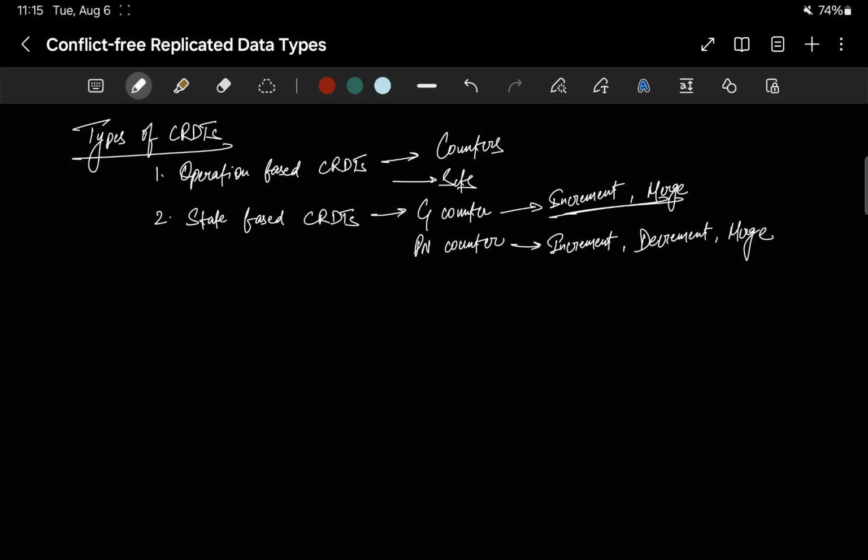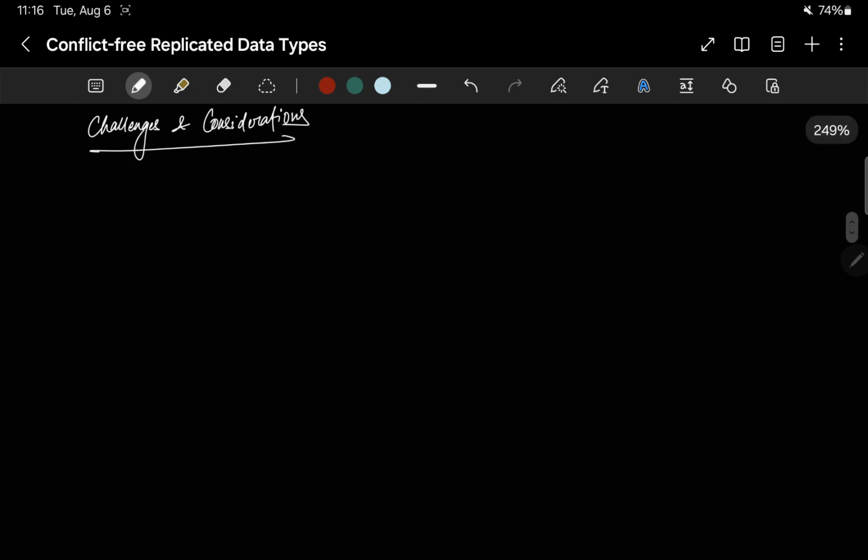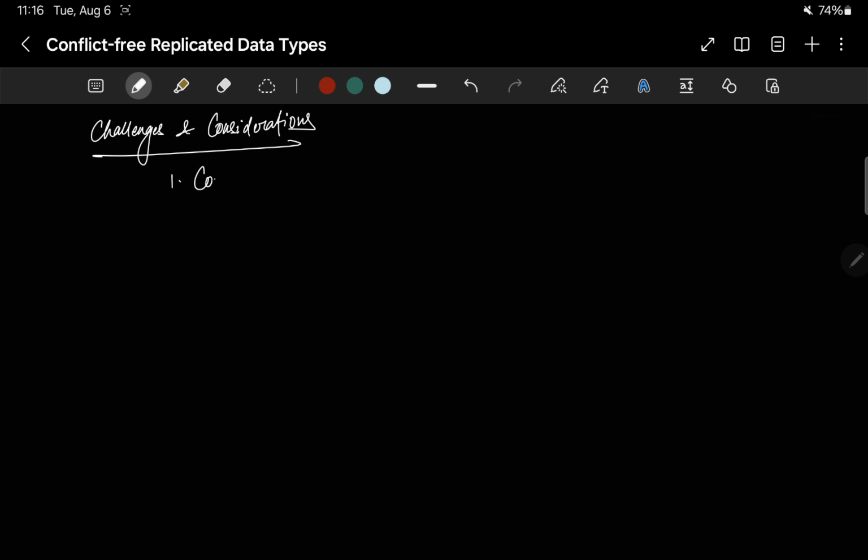Next, let's talk about the challenges and considerations associated with CRDTs. Concurrency control. Managing consistency under high concurrency poses a very big challenge.